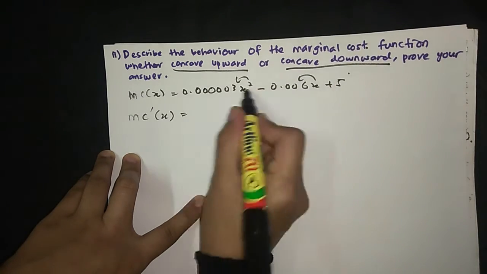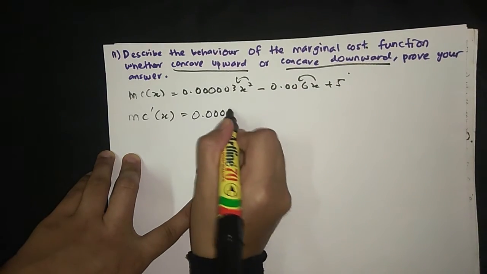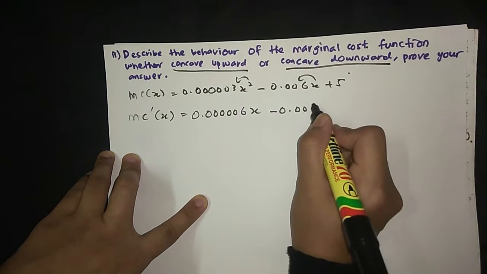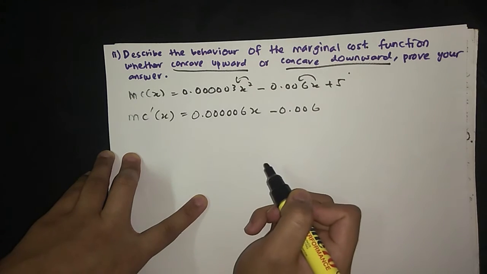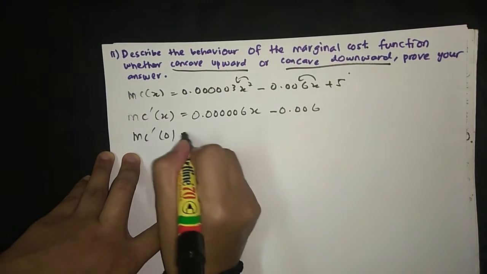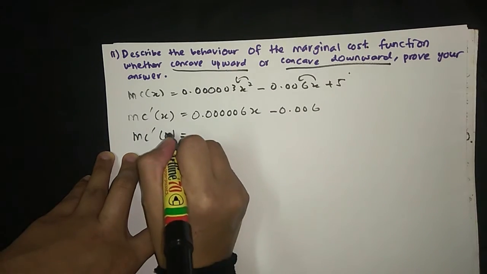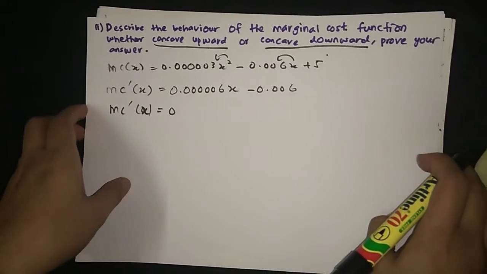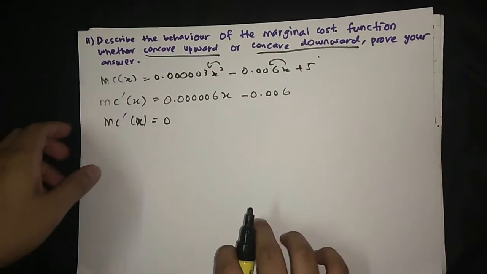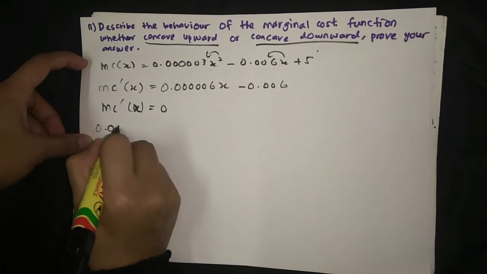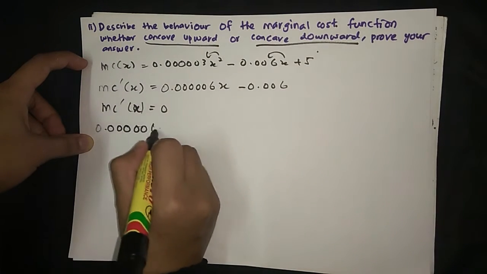So we use the same way. We multiply the power with the base, and then we differentiate the power with 1. So yeah, we get 0.00006x minus 0.006. Okay, now we set the first derivative of the MC function equal to 0, because we want to find the critical value, right? So 0.00006x minus 0.006 equal to 0.